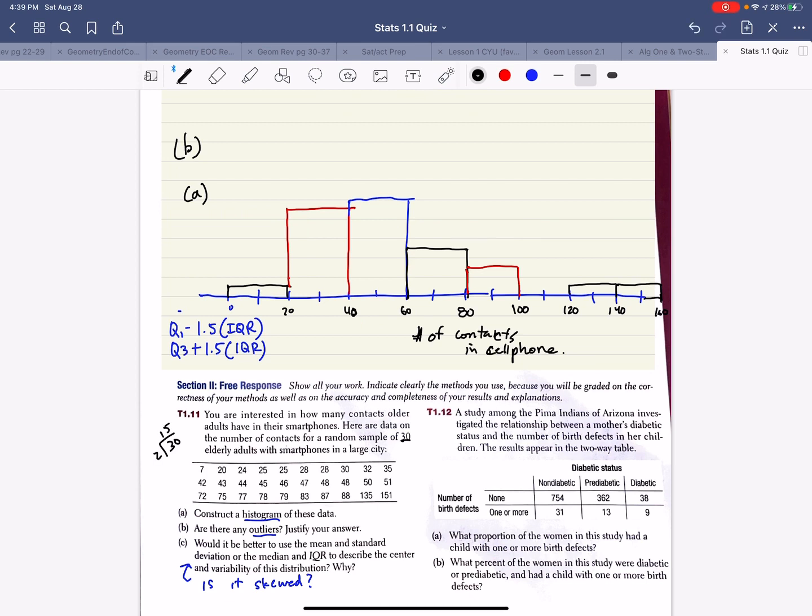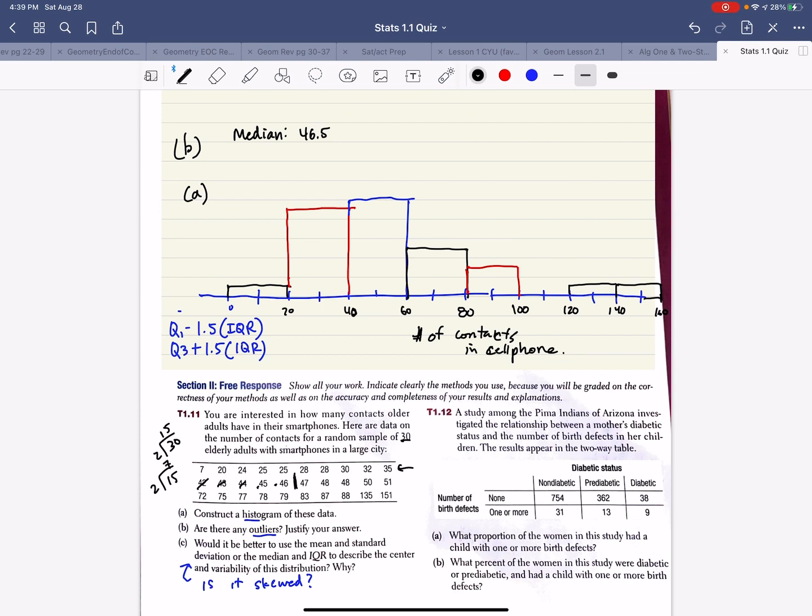All right, so we're going to count 10, 11, 12, 13, 14, 15. And so that number right there, 13, 14, 15, that's the median. So the median is 46.5.